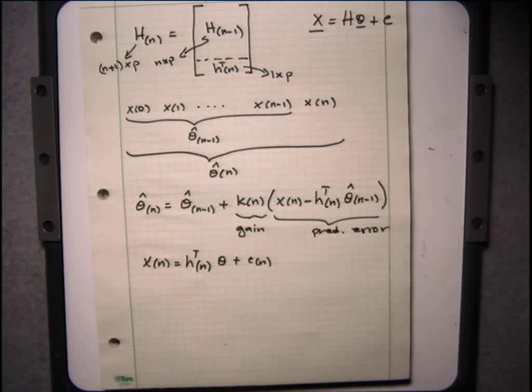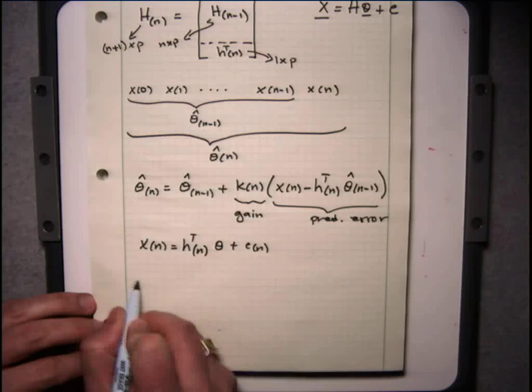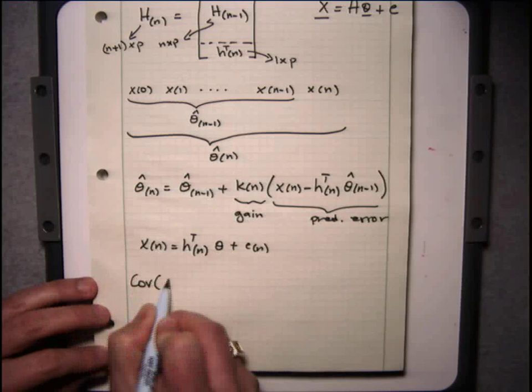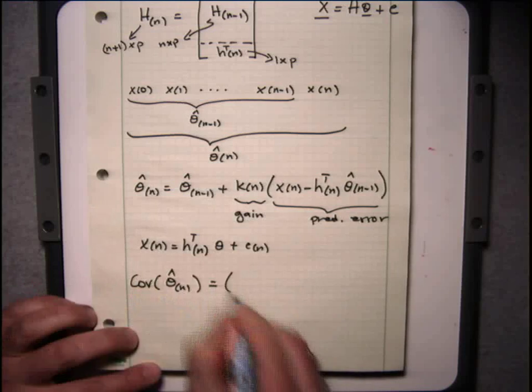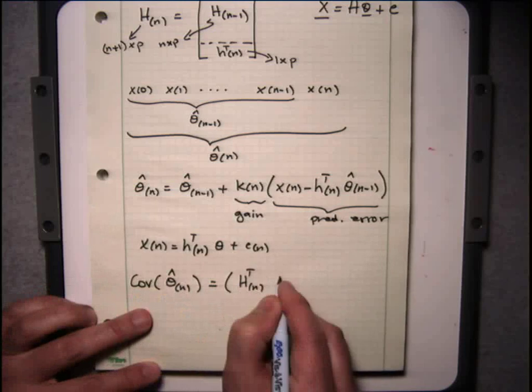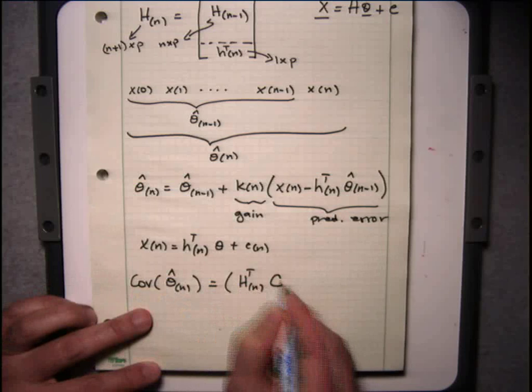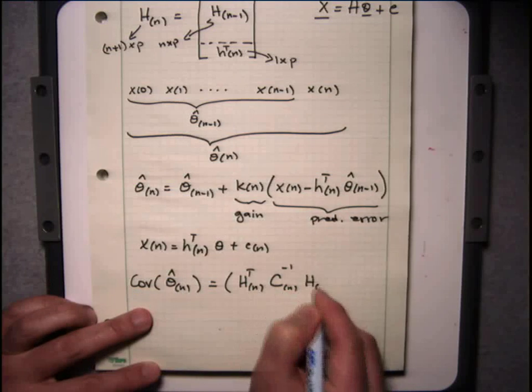So what does the gain look like? Before I tell you, let's write down the covariance of theta hat n. This is for any iteration. This is h transpose n, Cn inverse, hn, inverse.